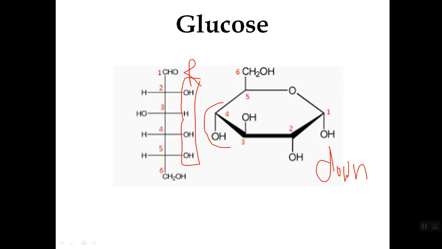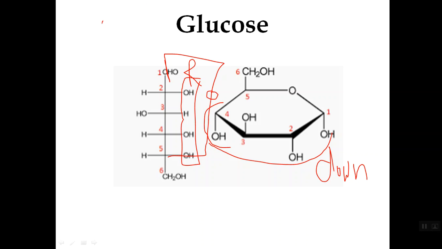Here the cyclization takes place between C1 and the C5 carbon atom, forming the hemiacetal ring, a six-membered ring resembling the structure of pyranose.